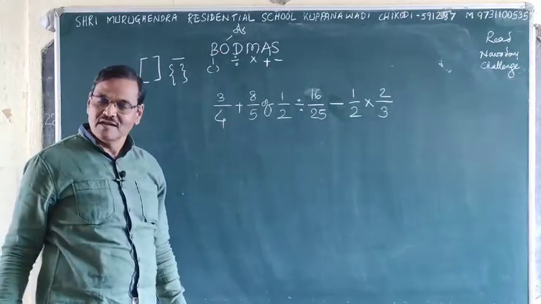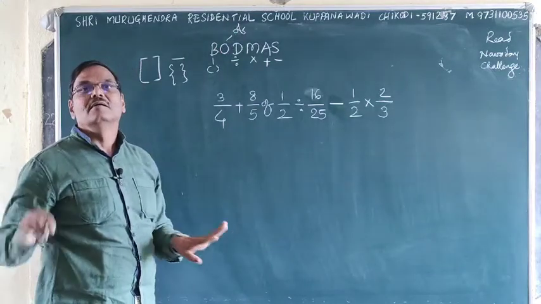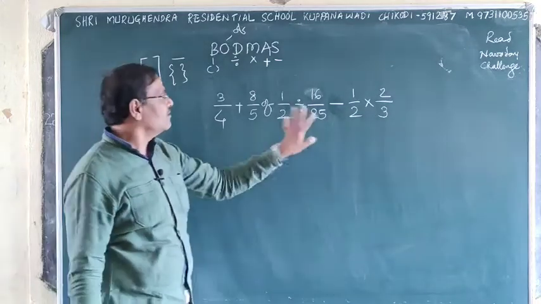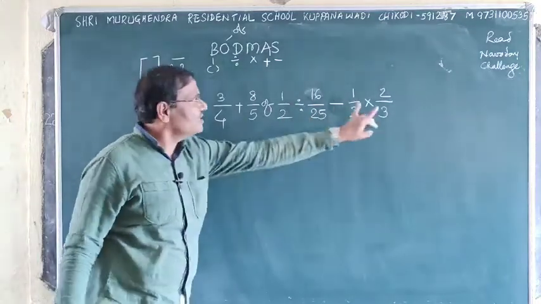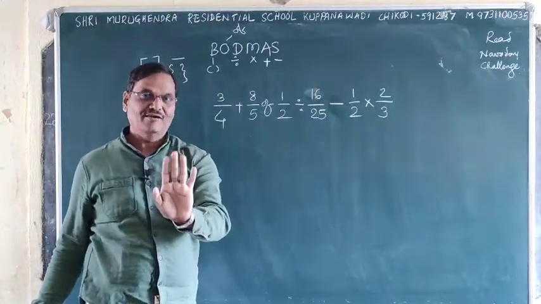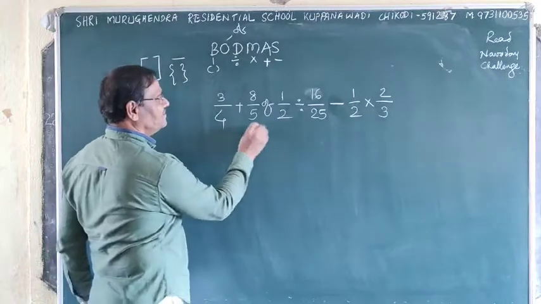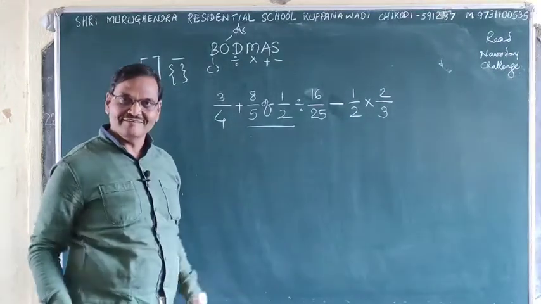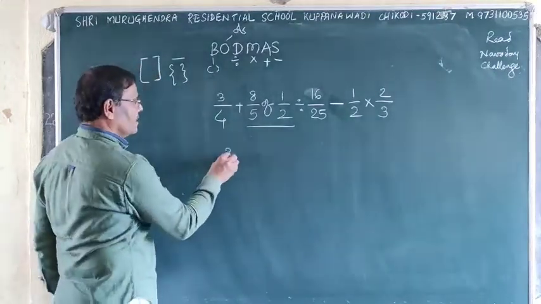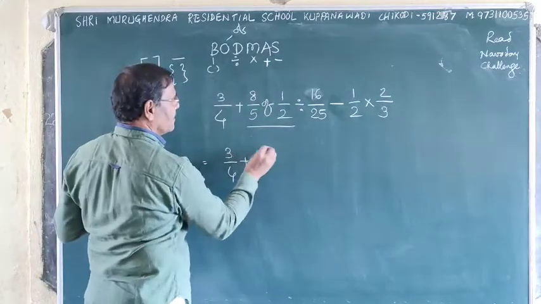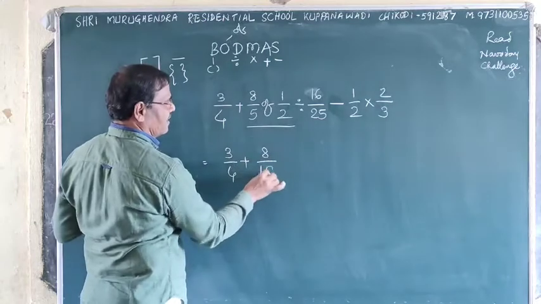Half means what? Half is nothing but of. We do it before division and multiplication. Got it? Then we have to divide this. Multiply it. Okay. 3 by 4 plus 8 ones are 8, 5 twos are 10.